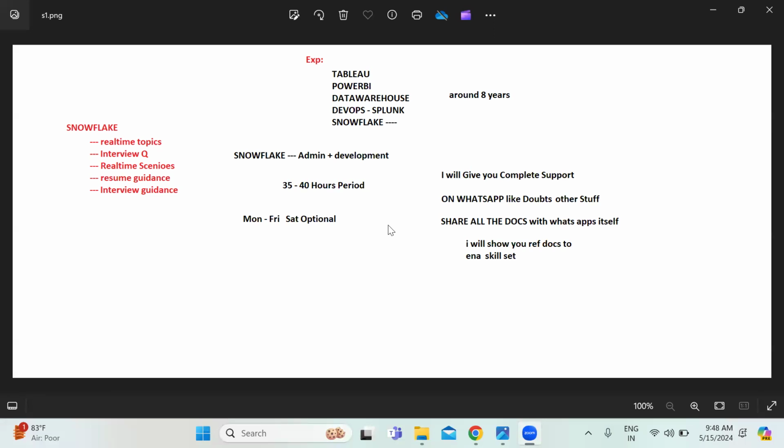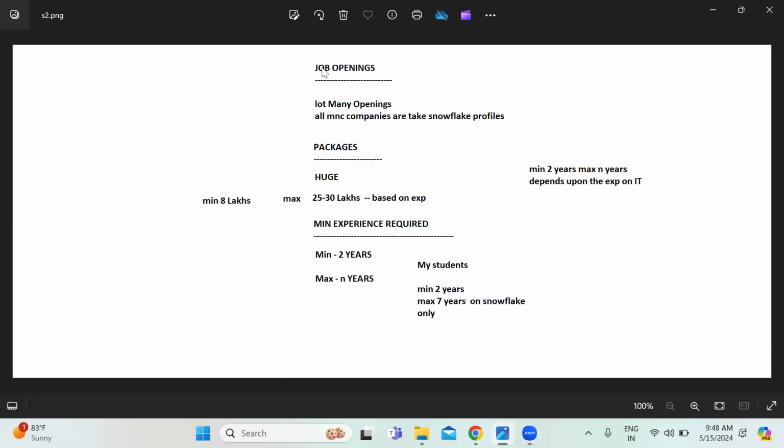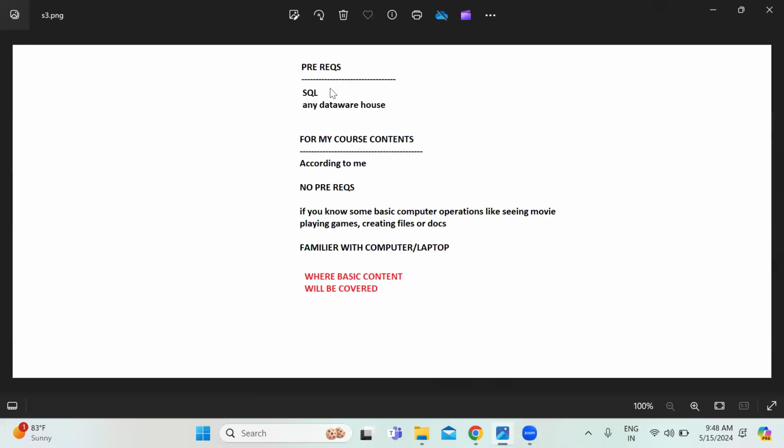To know Snowflake, what background knowledge do we need? According to me, no prerequisites are required. Job openings are very large, almost all MNC companies are taking Snowflake profiles, and packages are very high. But if you have SQL knowledge, other data warehouse knowledge, or some Python knowledge, that will be an addition to your profile.